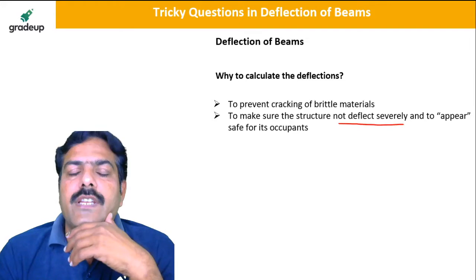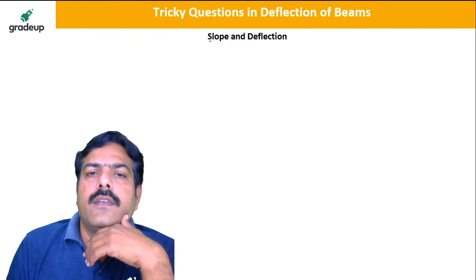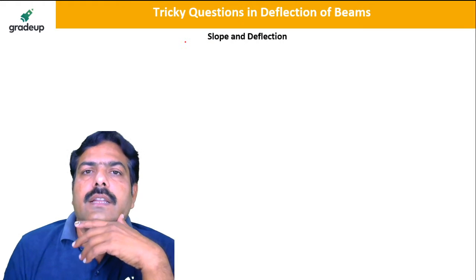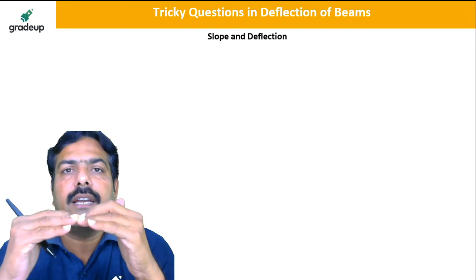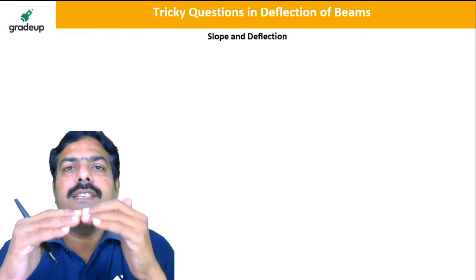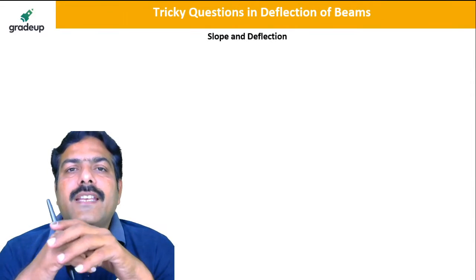So my dear friends, what is slope and what is deflection? What is slope? If you draw a tangent to the deflected curve, the inclination of the tangent with the horizontal line or the mean line of the beam is called slope.